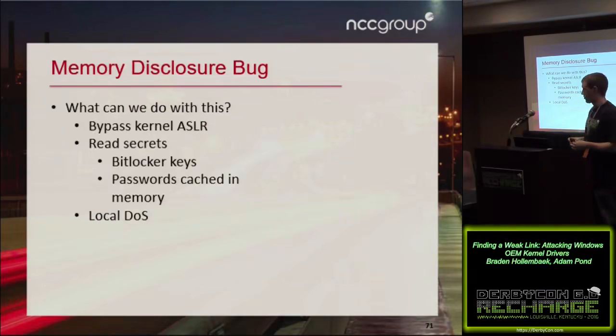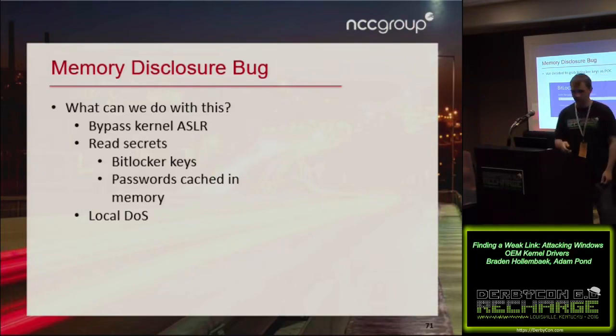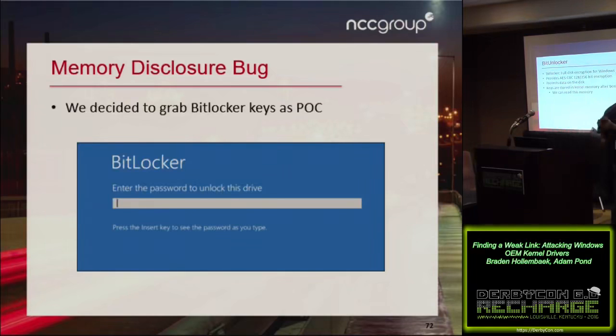You can also use it to read secrets that your process should not be able to read, passwords that are cached by other processes, encryption keys that might be laying around, or, for instance, your BitLocker keys that might be hanging out in kernel memory. Or you can do a trivial local denial of service. And so what we decided to do was try to see if we could recover our BitLocker keys out of the dump file. And talk a little bit more about that. I'll kick it back over to Adam.